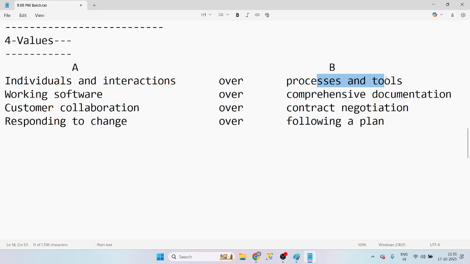Both are required, but we are giving a little bit higher priority to the people.